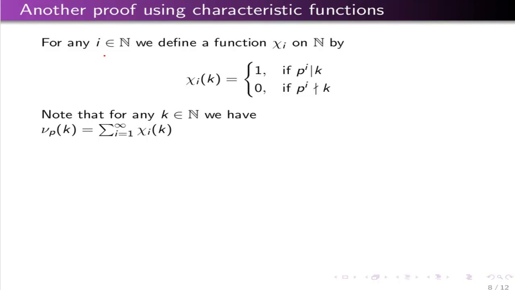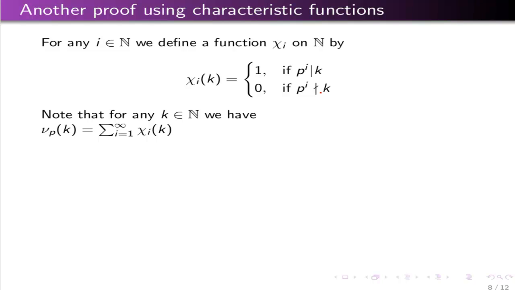So for any natural number i, I'll define a function chi sub i on the natural numbers to be 1 if p to the i is a divisor of k, and 0 if p to the i is not a divisor of k.